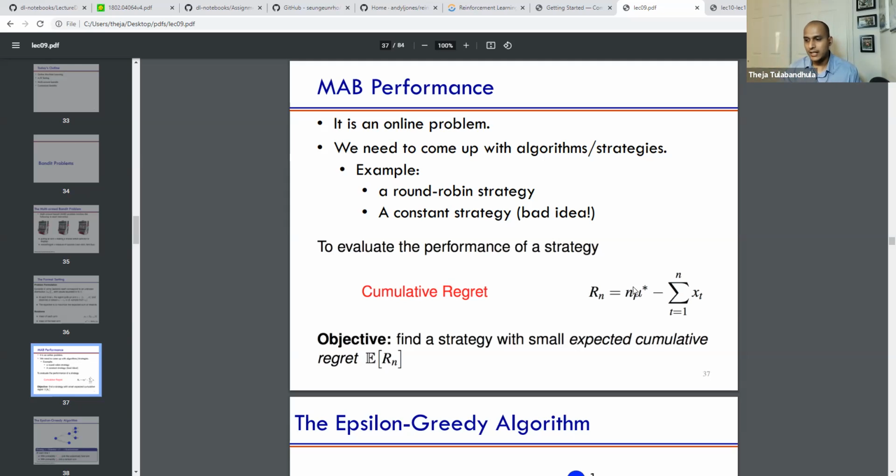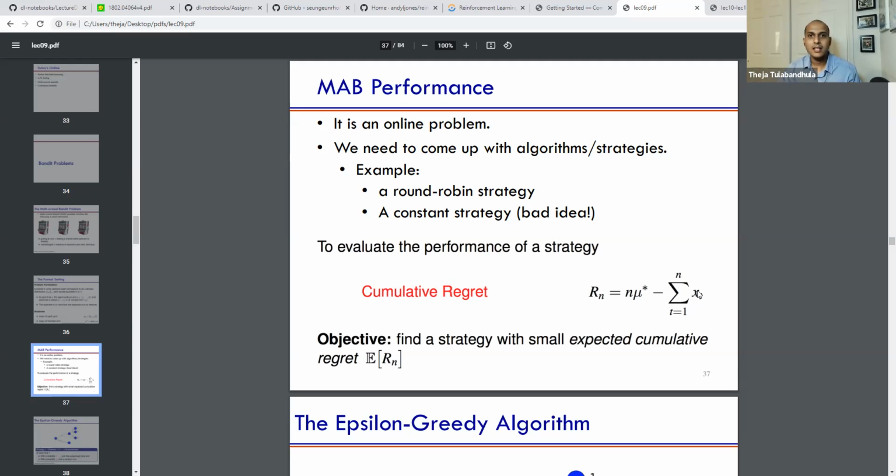And let's say little n is the number of interactions you will have over a period, for example, 10,000 interactions. So if I knew a priori that A was better, I will always show A. And the cumulative reward I would get by showing A is n times mu star, right? So 30% times 10,000.